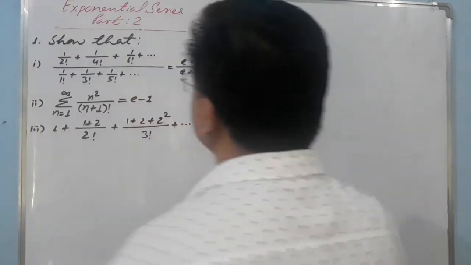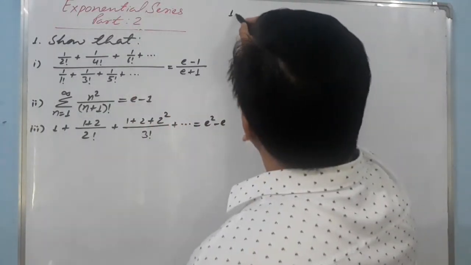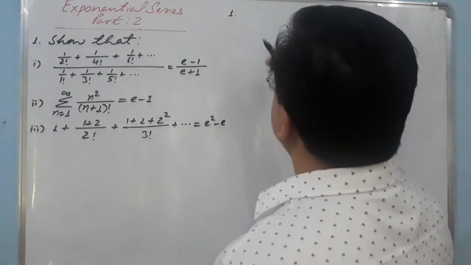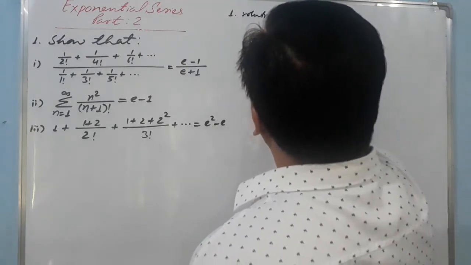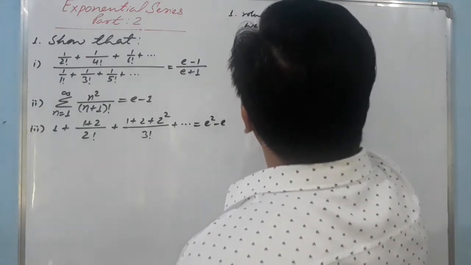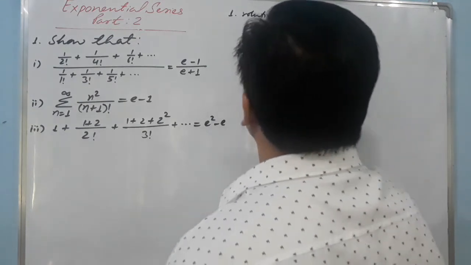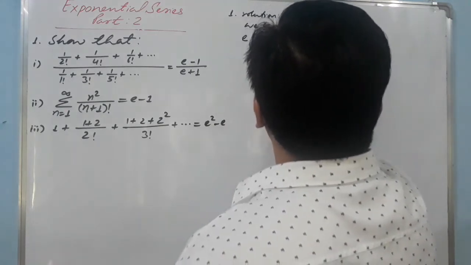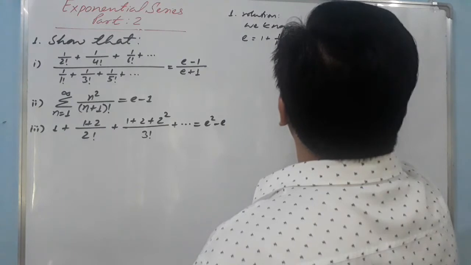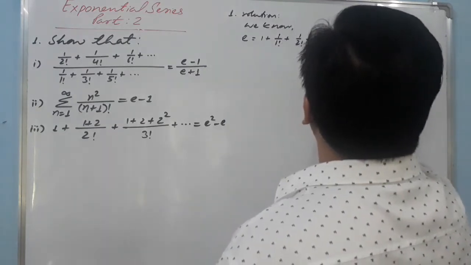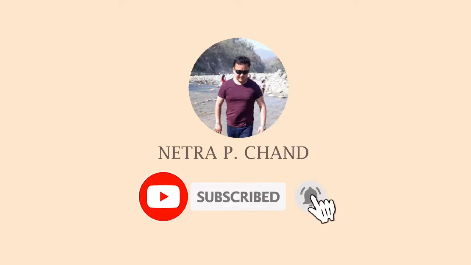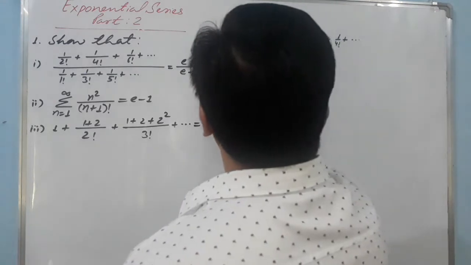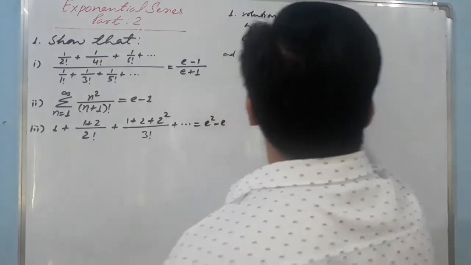The first question: how to prove? Before taking the left hand side, I would like to tell you something. We know e is equal to the expansion 1 plus 1 upon 1 factorial plus 1 upon 2 factorial plus 1 upon 3 factorial plus 1 upon 4 factorial and so on.